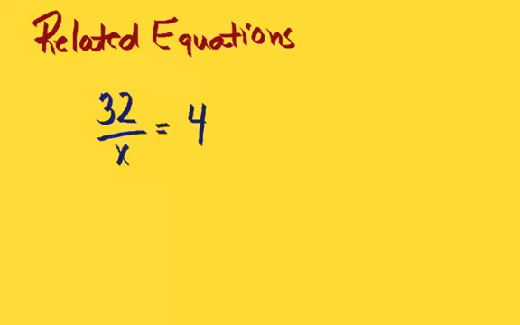Okay, here we have our x in our denominator, and that can look a little confusing if you don't know the relationship between the numbers. So let's set up our triangle. We have 32 divided by x, so 32, whatever number is going to do the dividing goes on top. 32 divided by x gives us 4.